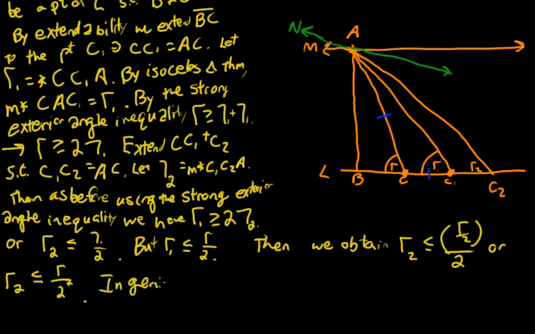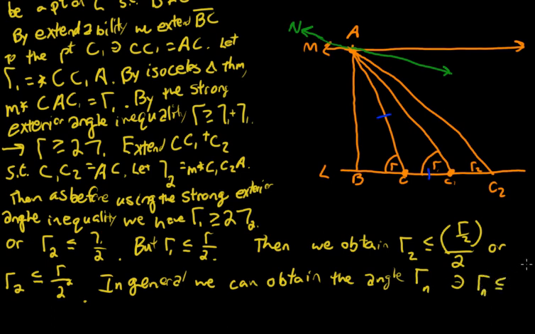In general, we can obtain the angle gamma sub n such that gamma sub n is less than or equal to gamma divided by 2 to the n. So that allows us to get an infinitely small angle there.